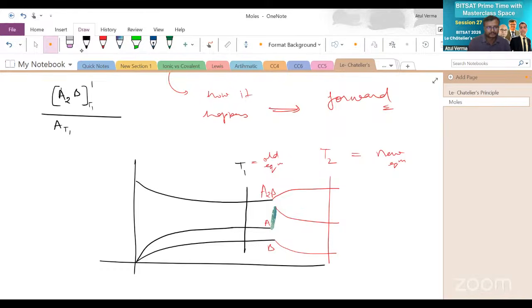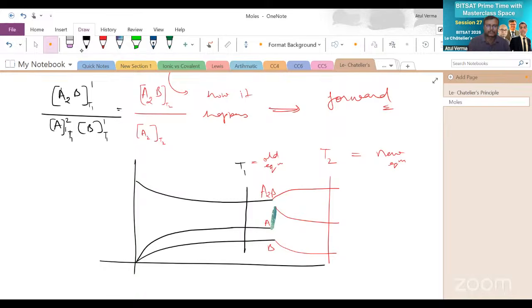A at T1 with a square, and B at T1 with power 1, friends, this is equal to A to B at T2 divided by the new concentration of A at T2.